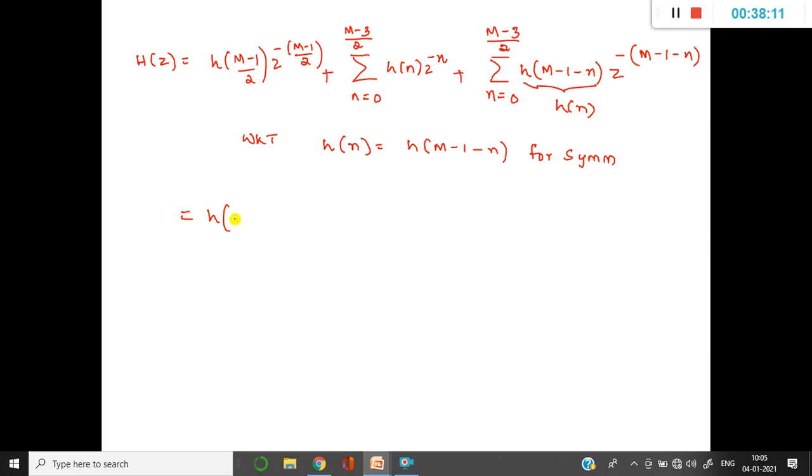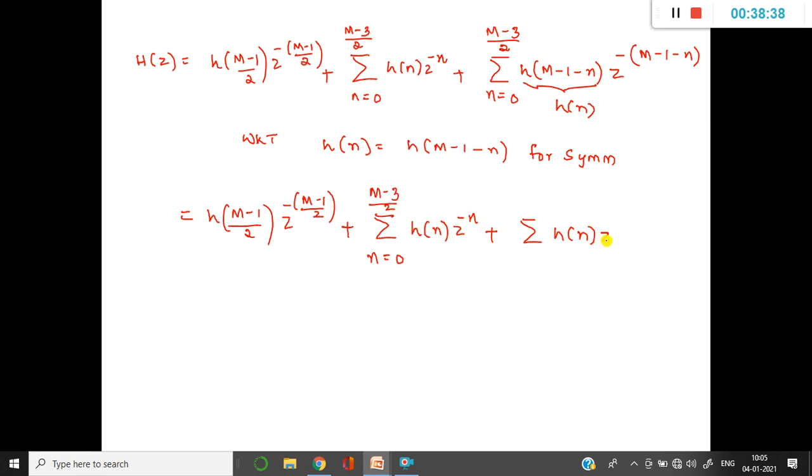So I write h of m minus 1 by 2 as it is, plus the summation n runs from 0 to m minus 3 by 2 of h of n z raised to minus n, plus the summation of h of n z raised to minus m minus 1 minus n.